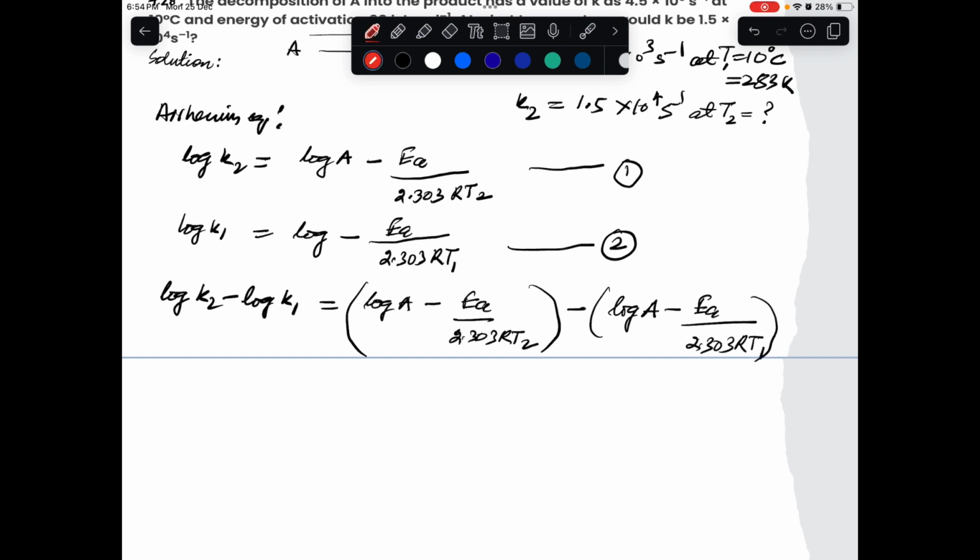Now here when we open the brackets, log A and log A will cancel out.